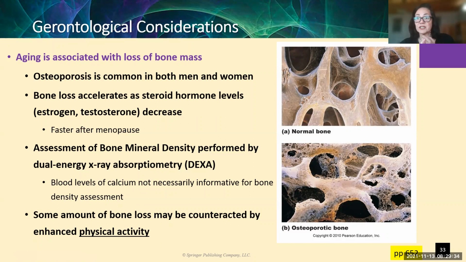It's required for nerve signaling. So the body is very good at maintaining enough calcium in the blood and will sacrifice the bone in the interest of keeping enough calcium in the blood to do those other jobs. That's why the blood level of calcium isn't necessarily informative.